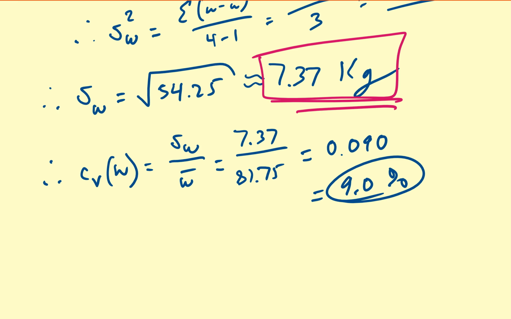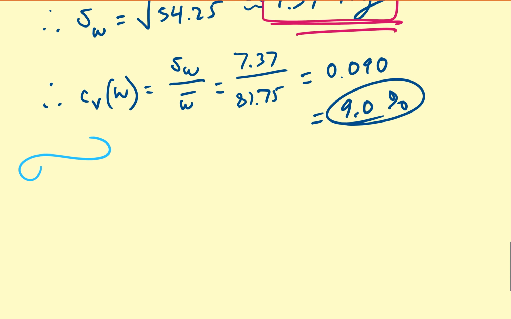So let us pretty much compare these values and come up with a couple conclusions. So the standard deviation of our heights was equal to 11.09 centimeters, and the standard deviation of our weights was equal to 7.37 kilograms.